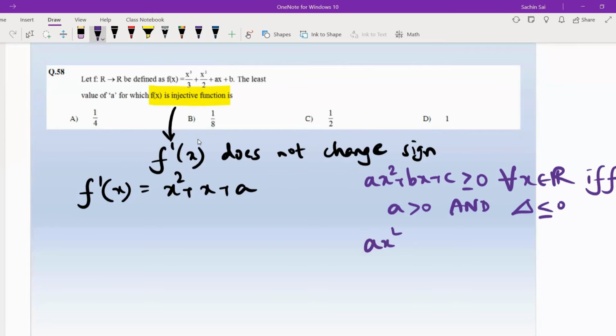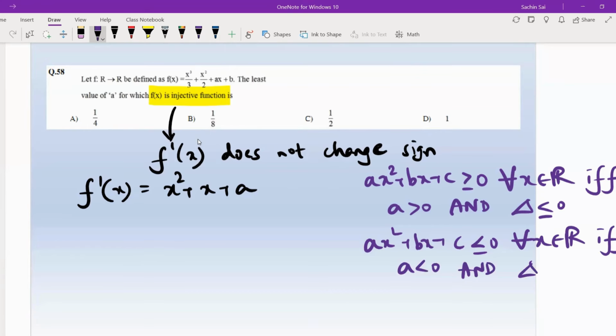Similarly, ax squared plus bx plus c less than or equal to 0 for all x belongs to R if and only if a less than 0 and delta less than or equal to 0. So when I say the first derivative does not change its sign, it means it's either non-negative or non-positive.